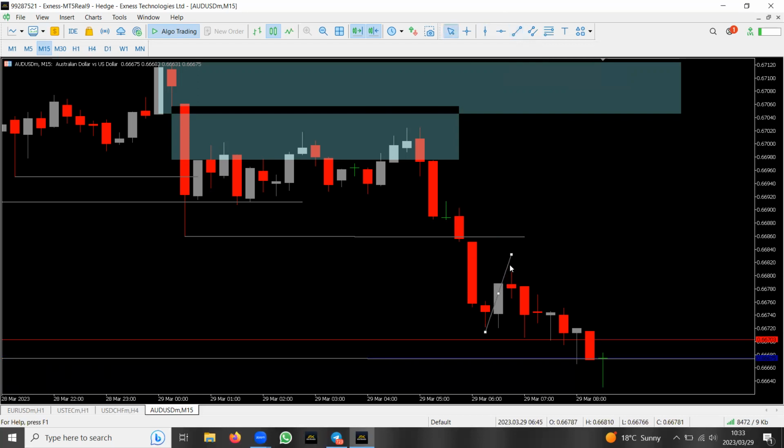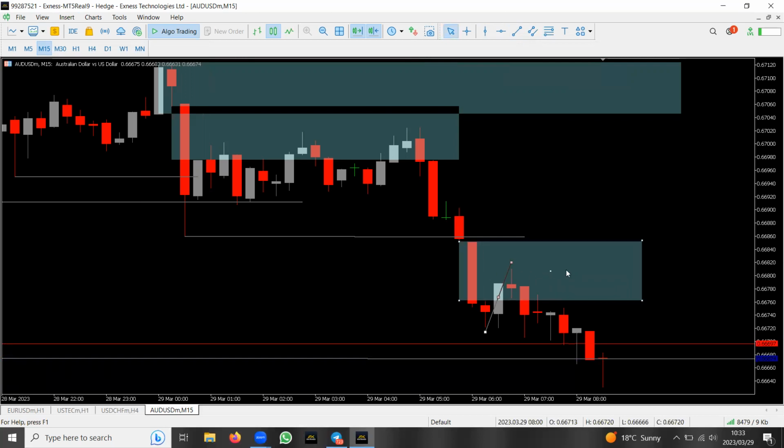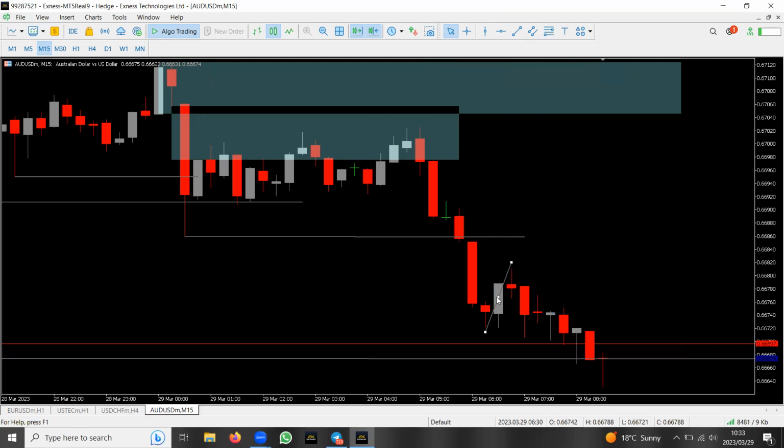So the second entry was somewhere here on this other FVG. It was on the FVG again, you could see. It's 50% somewhat. So you wait for another re-entry, another chance to enter on a swing high, which is a lower high. If you cannot enter immediately, wait for the second opportunity to enter on a swing high.